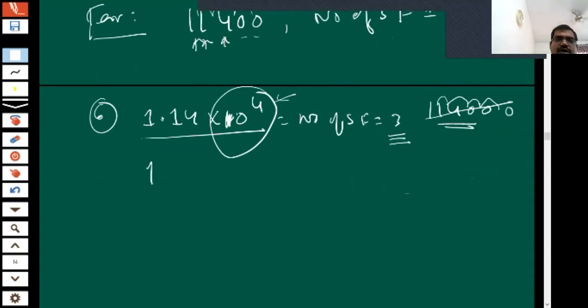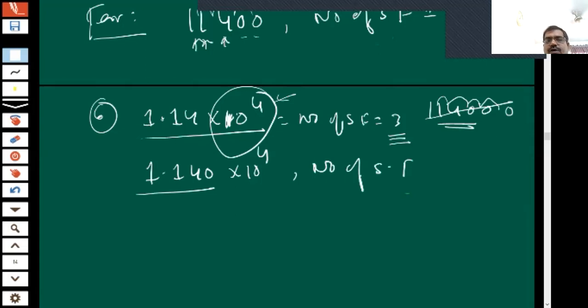Because you can write this number also as 1.140 into 10 to the power 4. Now if you see, the number of significant figures is 1, 2, 3, 4. Four significant figures are there.